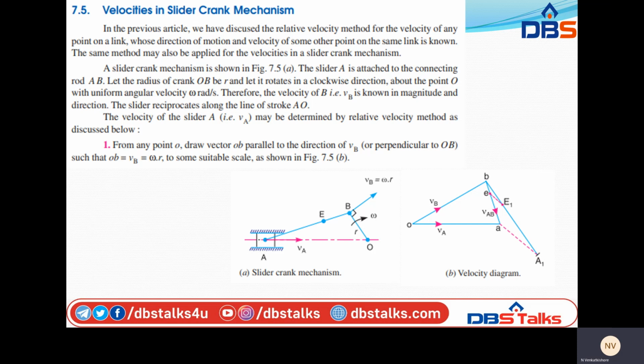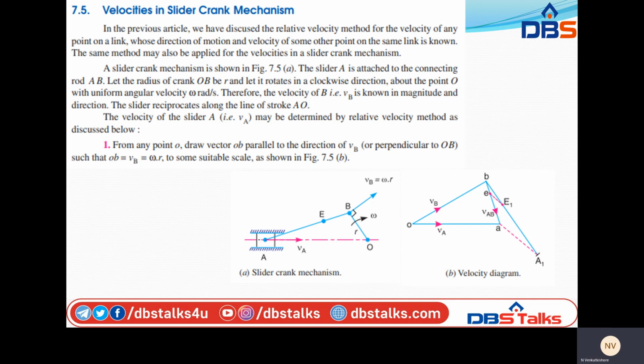Let the radius of the crank OB be R, and let it rotate in the clockwise direction about the point O with uniform angular velocity omega. Therefore, the velocity of B, that is the vector VB, is known in magnitude and direction.